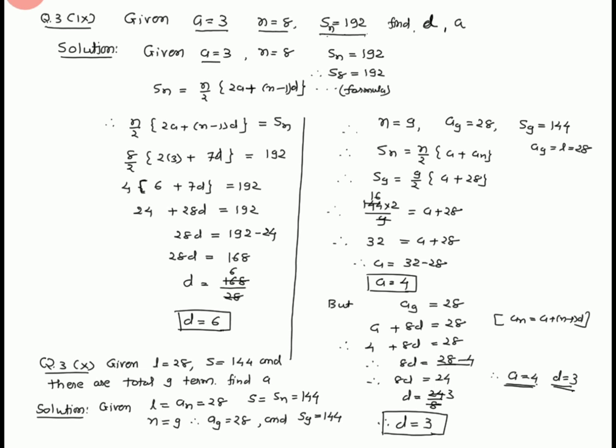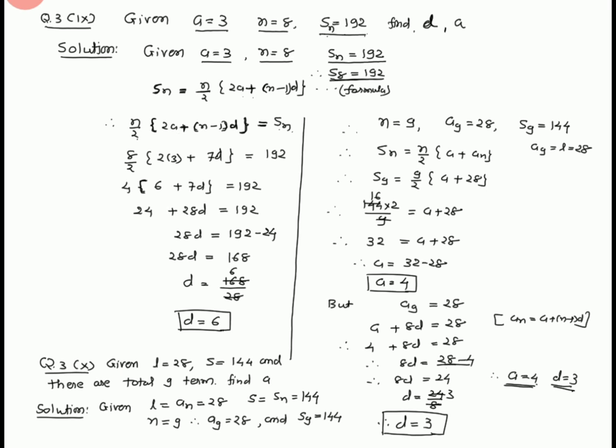Given that a equal to 3, n equal to 8 and Sn equal to 192. Therefore S8 equal to 192 because n equal to 8. We know the formula of Sn. Sn equal to n upon 2 in curly bracket 2a plus in bracket n minus 1 into d, equal to Sn.